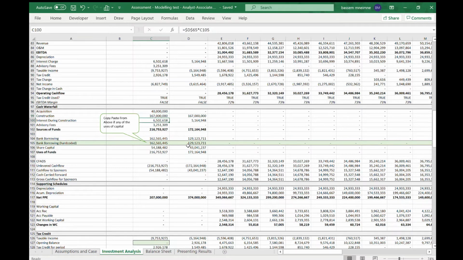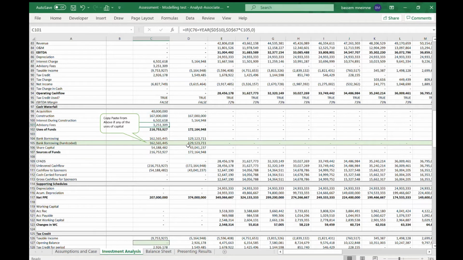I'm paying interest 6.5 million and advisory fees of 3 million. And this is the whole total of my uses of funds. Actually, this is a mistake here. This is uses of funds, and this is sources of funds.